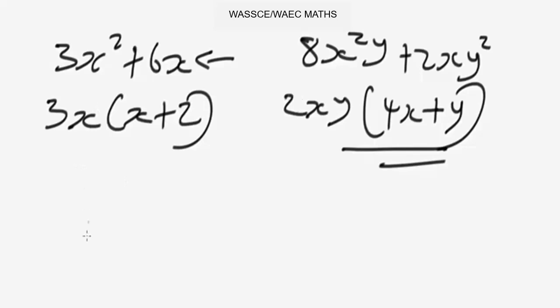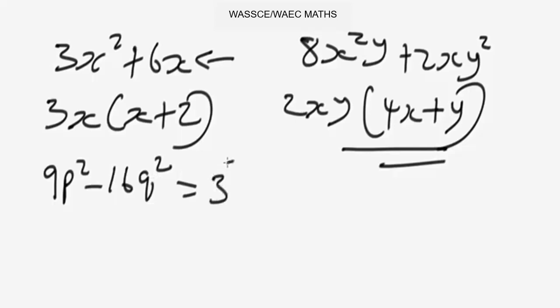Okay, now look at this example. Let's say I'm giving this 9p squared minus 16q squared. So how do you deal with this kind of problem? Difference of two squares. To begin with, this can be written as 3 squared p squared minus 4 squared q squared, because 3 squared still gives us 9, and 4 squared still gives us 16.